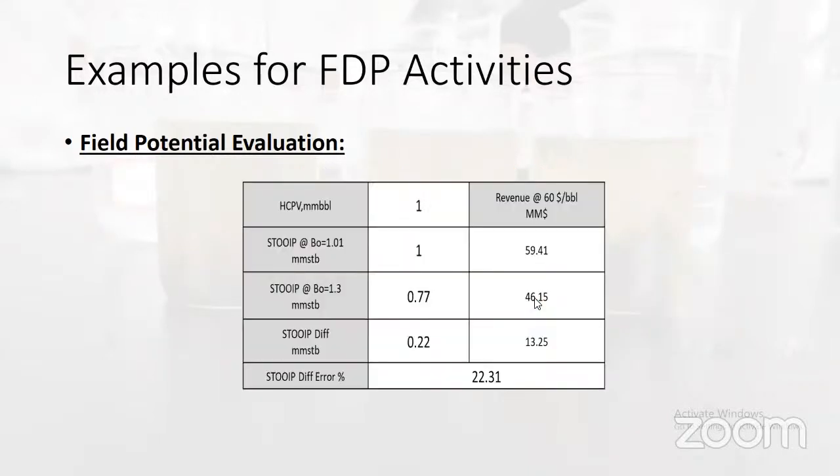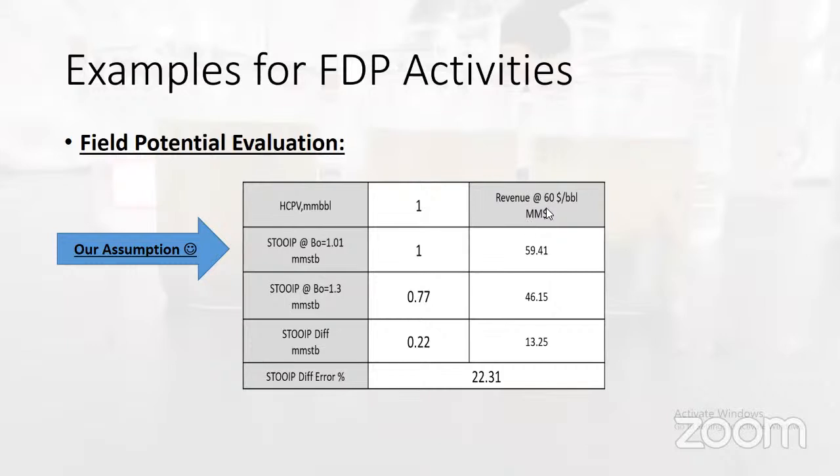Let's assume that we have a certain accumulation of about 1 million barrels, but at subsurface conditions. We need this volume on the surface, so we will use the Bo, or the formation volume factor. Let's assume the Bo is 1.01. If you divide 1 over 1.01, it will be equal to nearly 1.